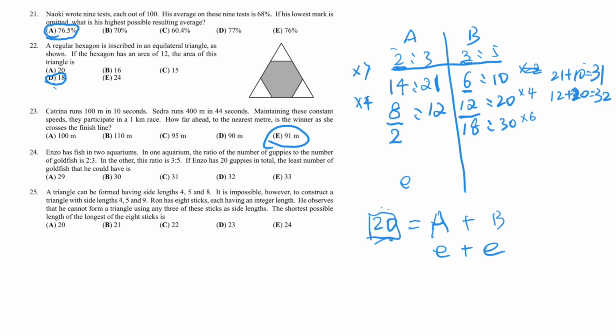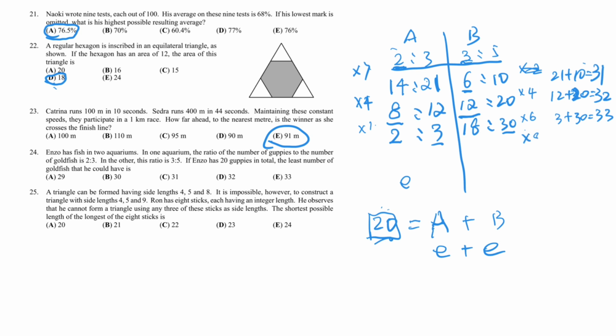So that's just the ratio times 1, so that's the 2 to 3. So 3 plus 30, total goldfish 33.